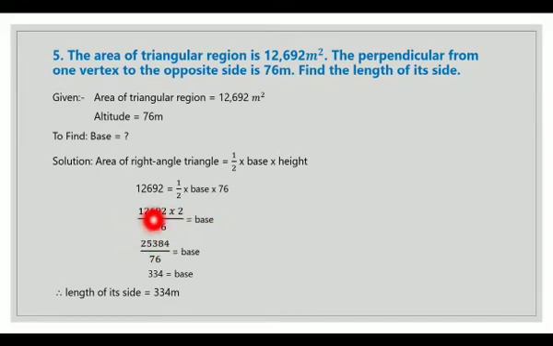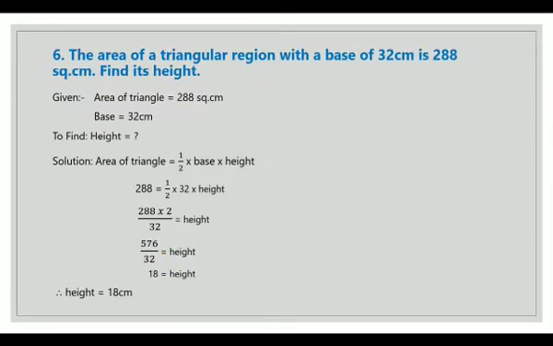So 12,692 into 2, that is 25,384 upon 76 equals base. So 76 ones are 76, 76 into 334 is 25,384. So base equals 334. Therefore, the length of its side equals 334 meter.